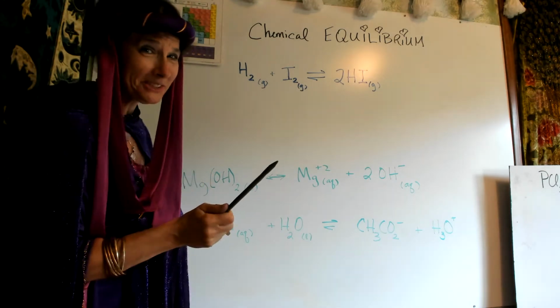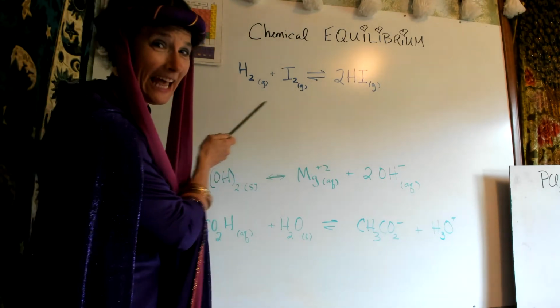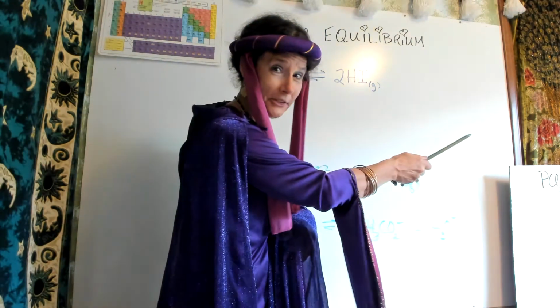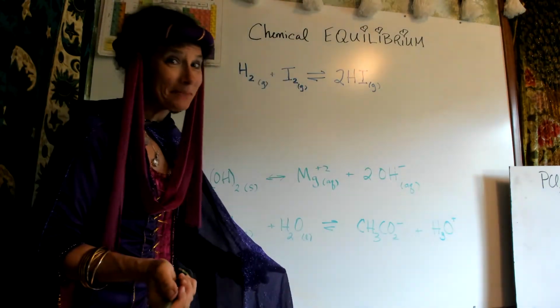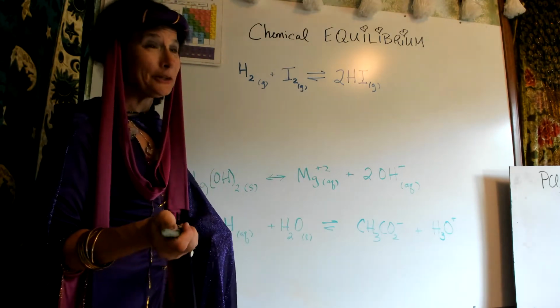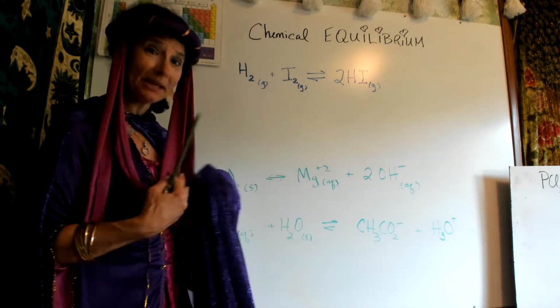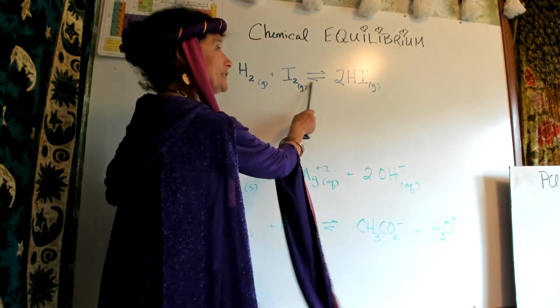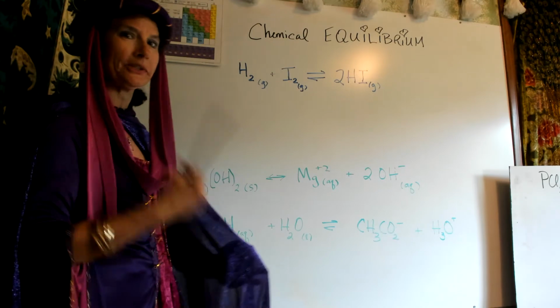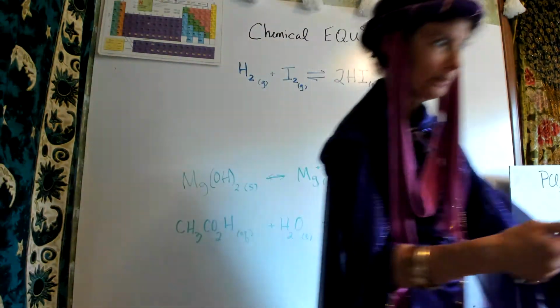We've always been showing arrows as if everything is one way, that there's only one direction you can go. But it turns out most chemical reactions, especially in our body, are a two-way street. They're reversible, and that's what chemical equilibrium is. And that's what we're going to talk about.